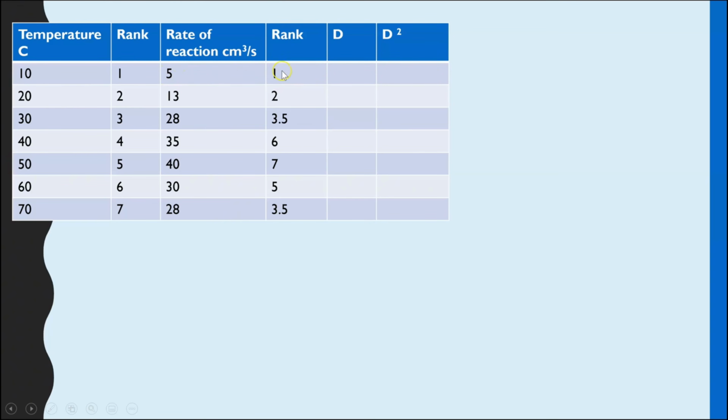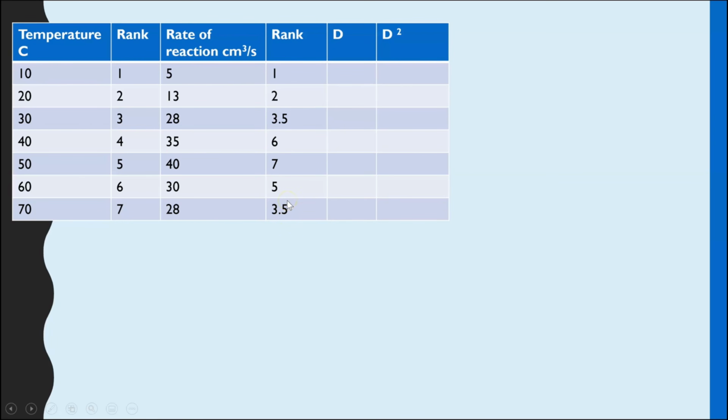Now the first one does happen to be our lowest, so 5 is rank number 1, 13 is rank number 2. However, we have at temperature 30 and 70, the rate of reaction for both of those is 28. So if they're the same, they need to have the same rank. And the way that you do this is you look at which ranks they would fill up. So it would be rank 3 and rank 4.